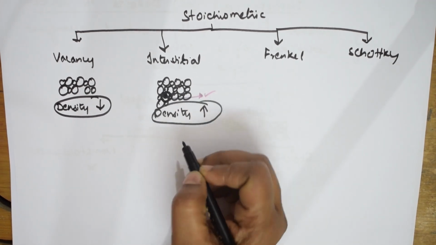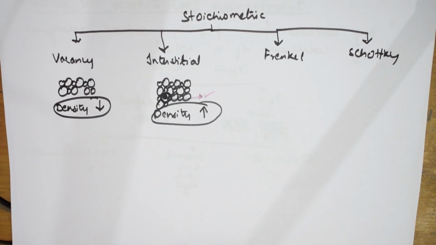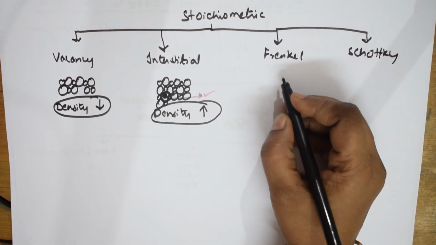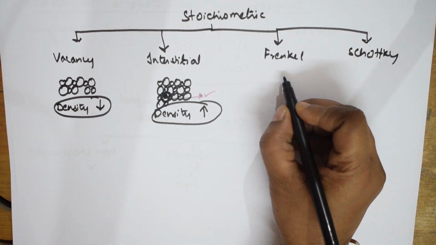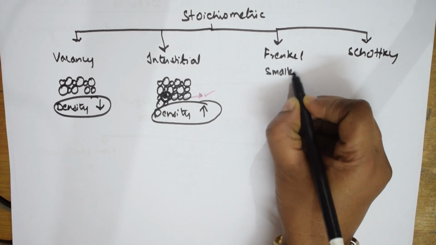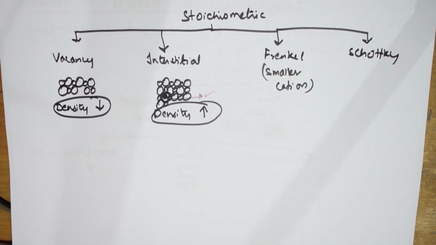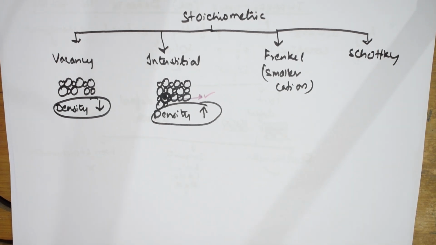This is important. Now when it comes to Frenkel defect, what should you remember? Frenkel means compulsory smaller atom, that is, smaller cation. Your keyword should be smaller cation. The smaller cation dislocates and moves off from its lattice site.